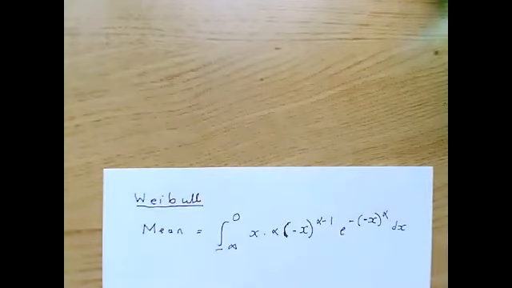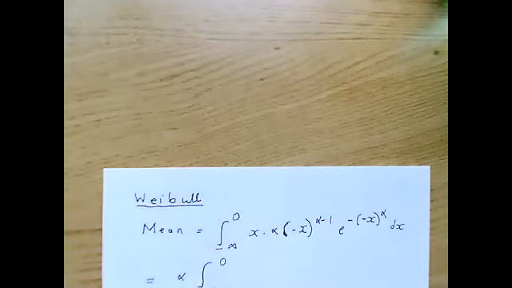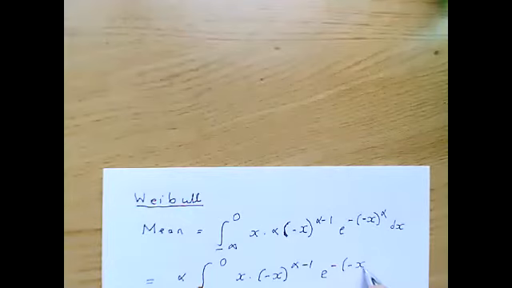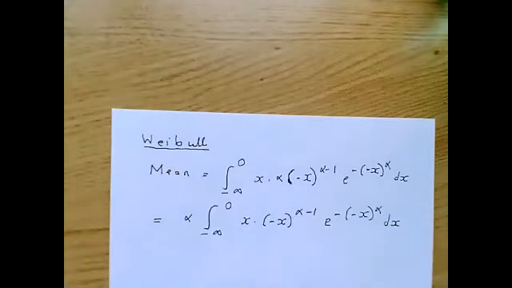You can pull the alpha outside. Then you have x times minus x to the power alpha minus 1. This is what you get.